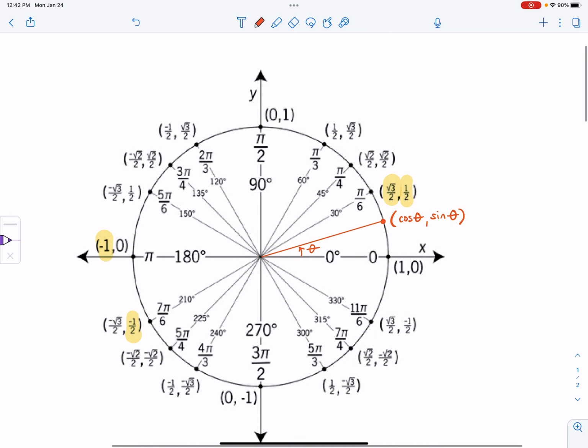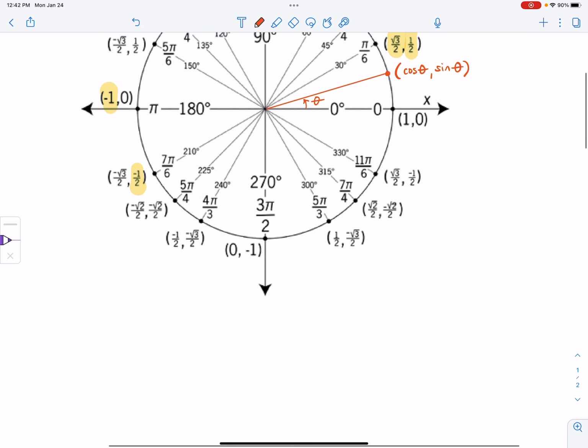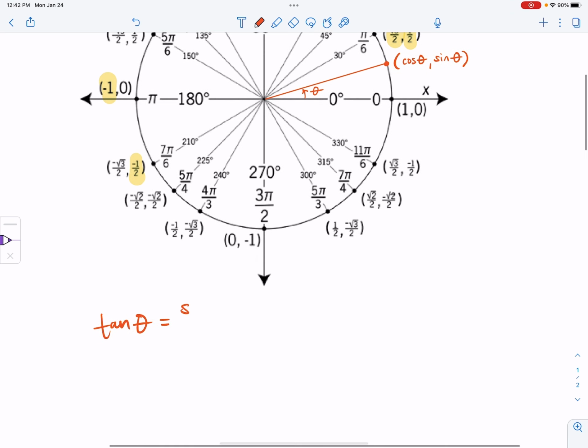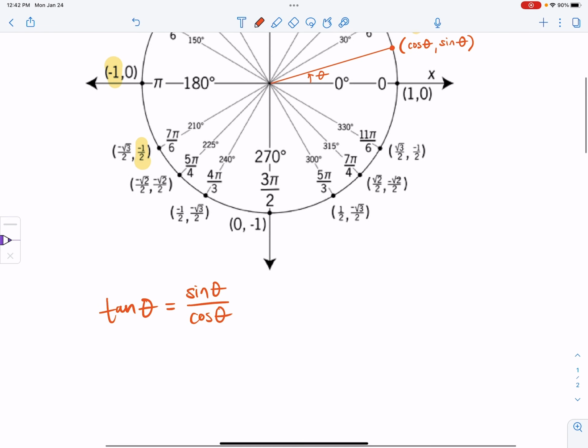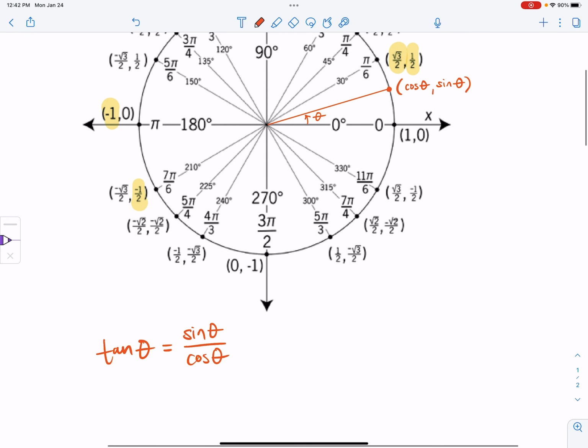Now, tangent is the ratio of sine over cosine. So in order to evaluate tangent, you're thinking about the point that corresponds to the angle, and it would be the ratio of y over x, the y-coordinate over the x-coordinate.